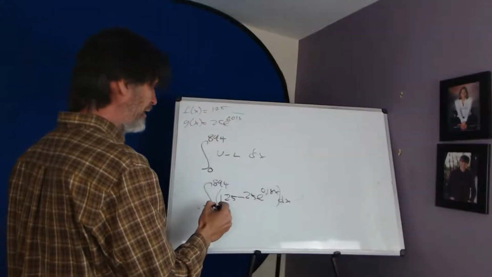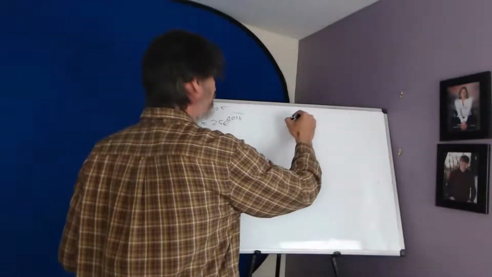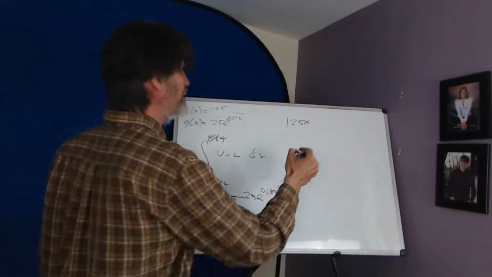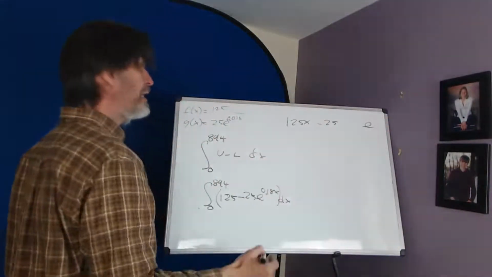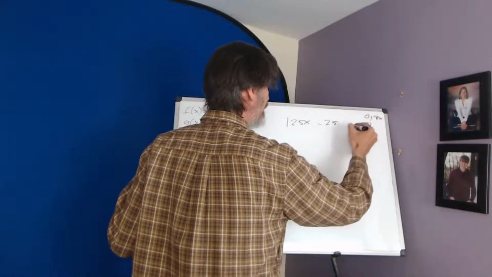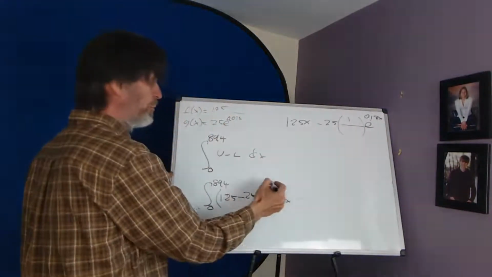So let's take these separately. The antiderivative of 125 is 125x. Keep the minus sign, keep the 25, keep the e, keep the power. Then we'll multiply that by the reciprocal of the derivative of that.